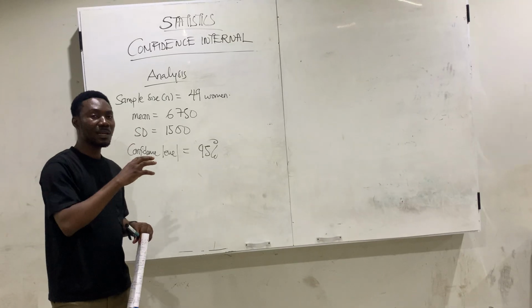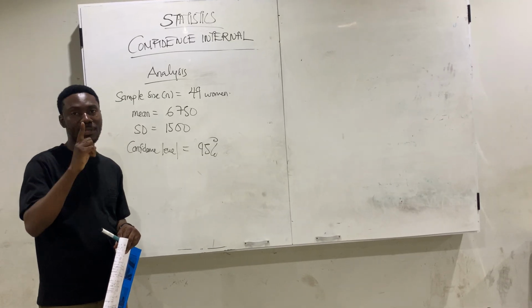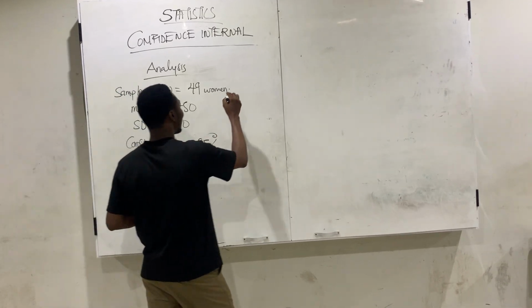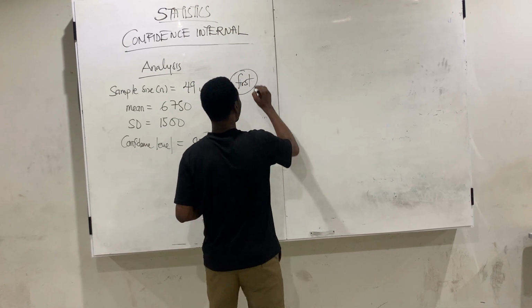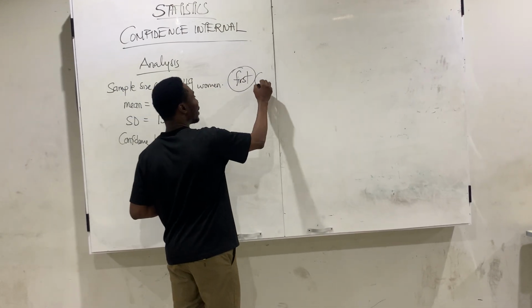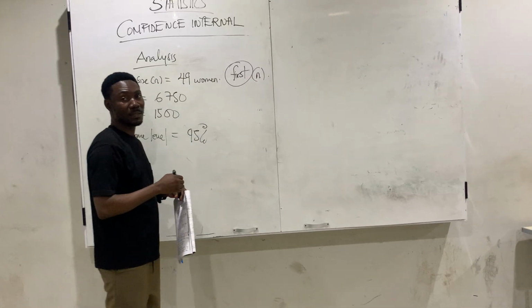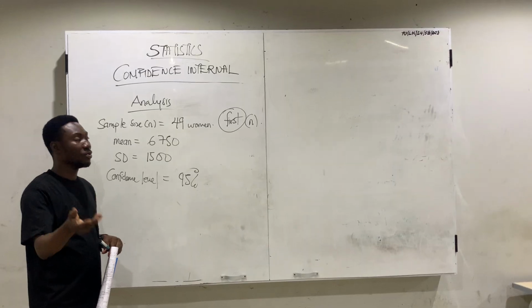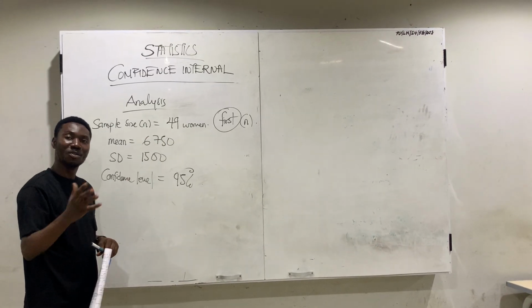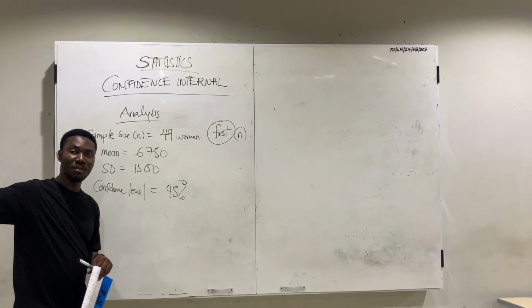Now, when you have a question like this, what's the first thing you check? You check the sample size, the n, first. Why? It's the n that will inform you which of the formulas to use. So here the n is 49. So which formula do we use? We use the z distribution. Why?